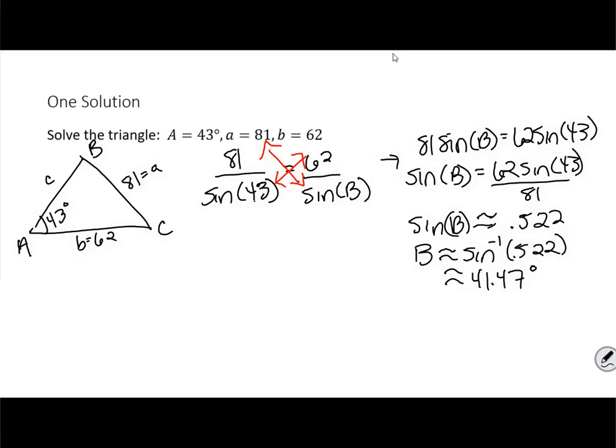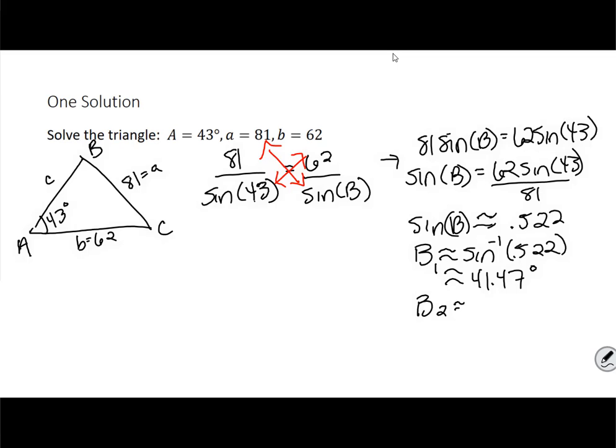Since sine is positive in both quadrant 1 and quadrant 2, and quadrant 2 is within that 180 degree range that I can have an angle of my triangle, I need to find that quadrant 2 angle. So I'm going to call that B1 for quadrant 1.